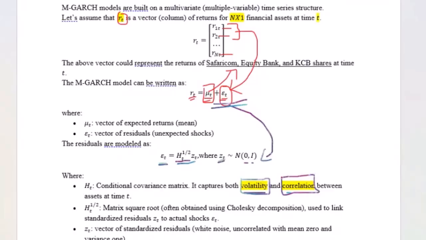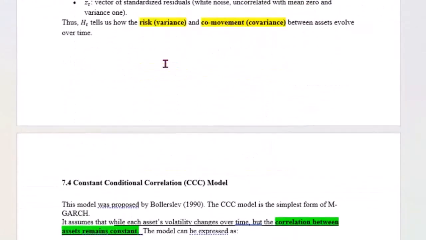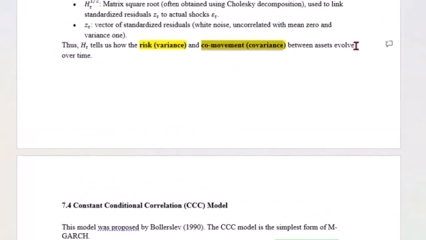Remember we said that M-GARCH tells us how the volatility and the correlation between two assets change over time. These are captured by this error term. So H_t tells us how the risk, or the variance, and the co-movement, or the covariance, between the assets change or evolve over time.